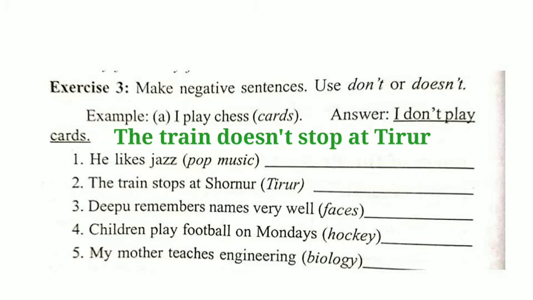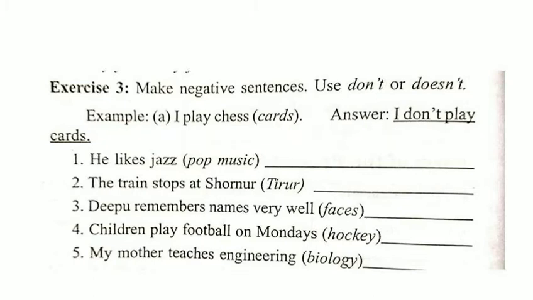Then third, Deepu remembers names very well. The verb is remembers. That remembers is does plus remember becomes remembers. So we have to split does from the verb and use not along with that does.